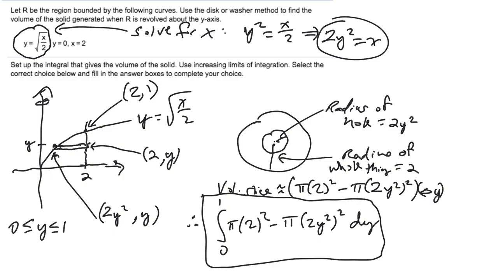But when you evaluate this integral, don't get bogged down by the parentheses. Just go ahead and do the algebra before you integrate. So 2y squared squared is 4y to the fourth. Obviously, this is just 4. So by the time you pull the pi out and square the stuff that's inside, this is actually a fairly simple integral to complete.